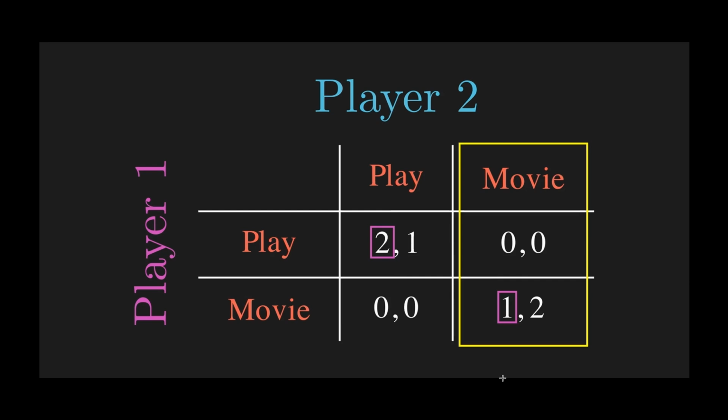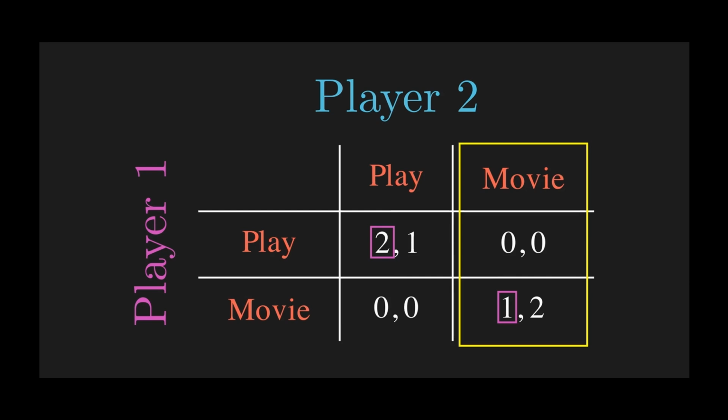Okay, so this is a best response, which we've identified in the payoff matrix, and it's not a dominant strategy. We know what we should do in both states of the world, but depending on the state of the world, we should actually do something different. So we should match play and match movie.